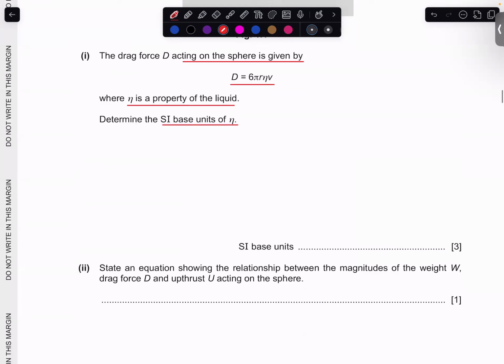To find the base unit of eta, I will rearrange this equation and make eta the subject. I will ignore the constant 6 pi. So eta will be equal to d divided by r into v.